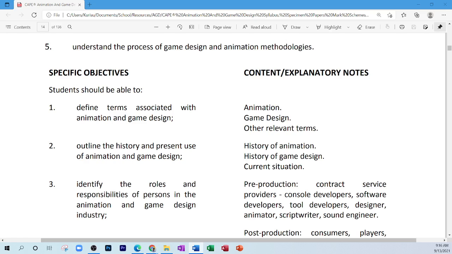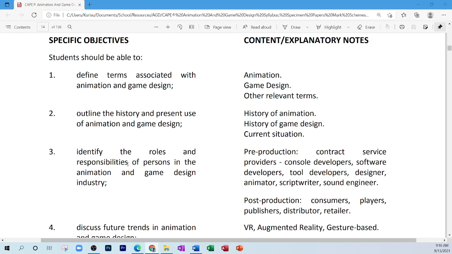Remember all those drawings, all of those backgrounds, they are concepts. And we need to get creative ideas as to how we are going to generate those concepts. So all of that is a part of game design. Good. And then there were some additional terms that we looked at.